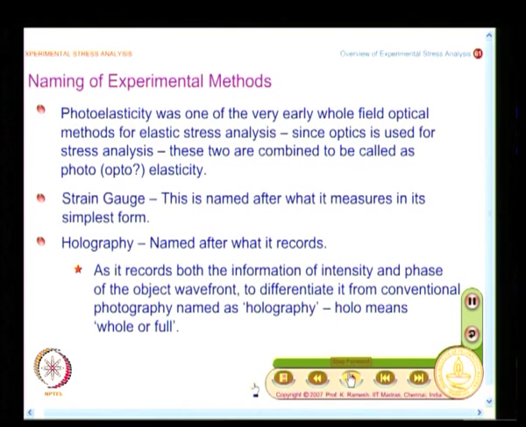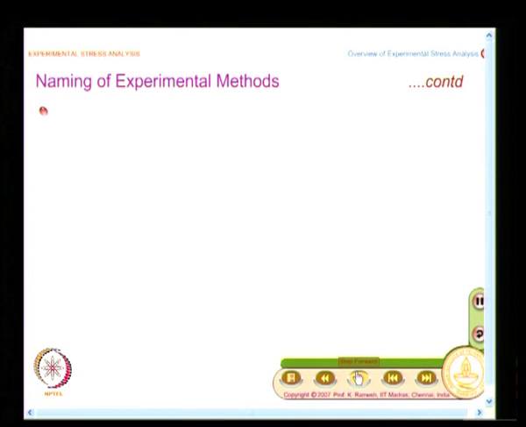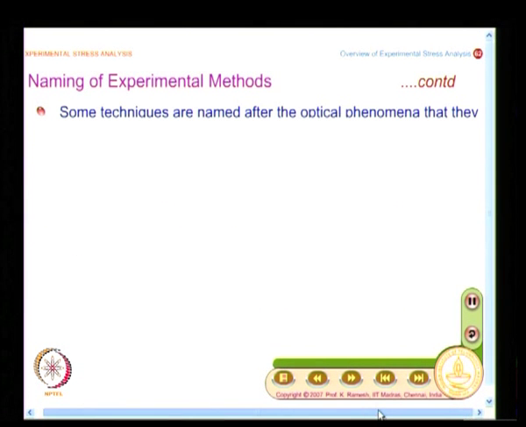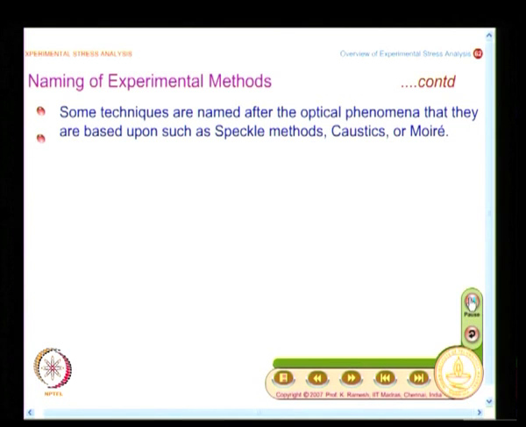And then what do you have? You also have techniques where you use the physics. I said that in the method of caustics, you employ the principle of caustics in the formation of the shadow, and you name it directly as the method of caustics. And whenever you have two grids superimposed, you get Moiré fringes seen, and you call that Moiré.